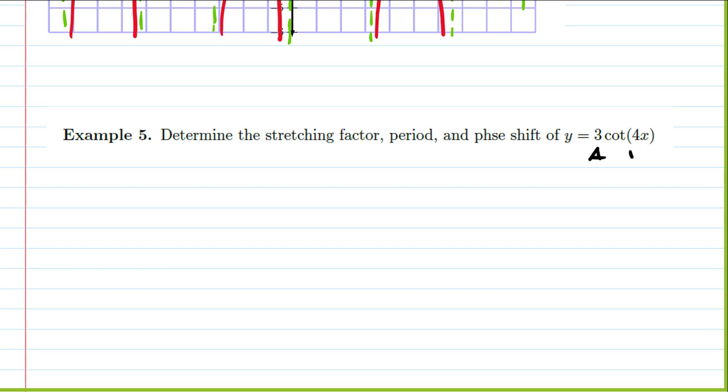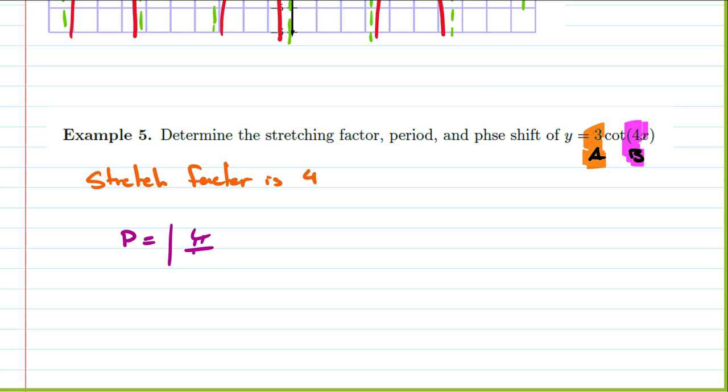And we have our A, and we have our B. So our stretch factor is 4, and our period is equal to pi divided by B, which is 4, so it's going to be pi over 4. Since we're not subtracting, C equals 0, so no phase shift.